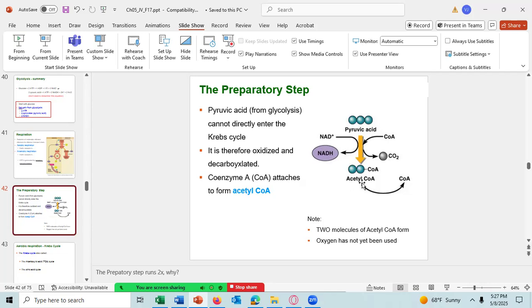The coenzyme A attaches to the remainder of pyruvic acid, and then the acetyl coenzyme A can directly enter the Krebs cycle.